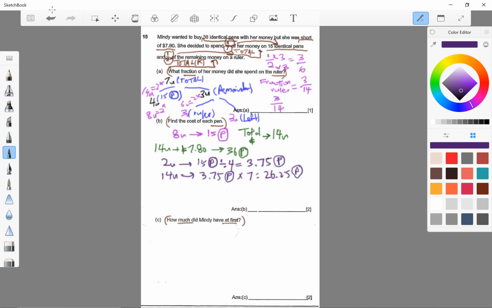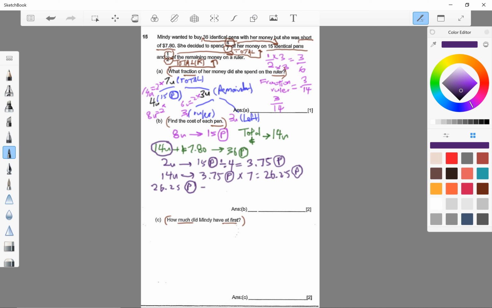So since 14 units we have determined to be 26.25 pens already, I will substitute these 14 units for 26.25 pens. So let me just write it down and circle 26.25 pens, which is illustrated by 14 units.